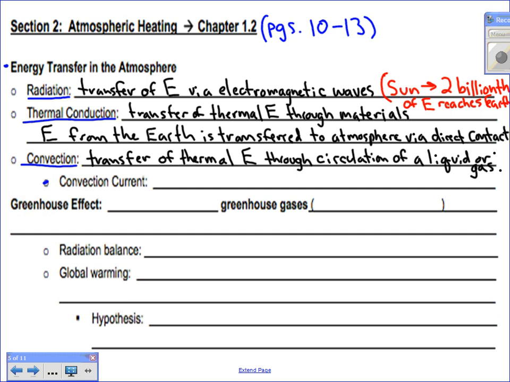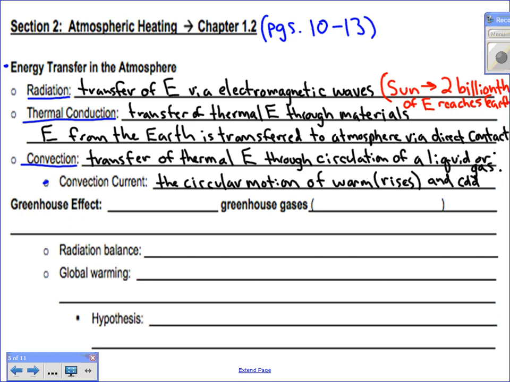Okay, so the warm air rises and the cold air sinks. So convection current is the circular motion of warm air rising, so warm rises, and cold sinks.